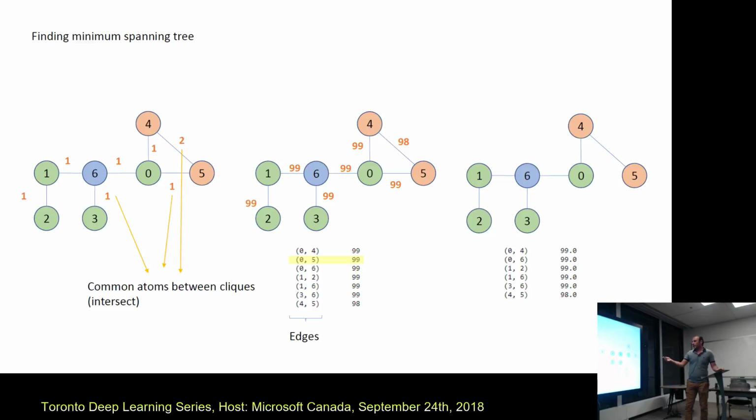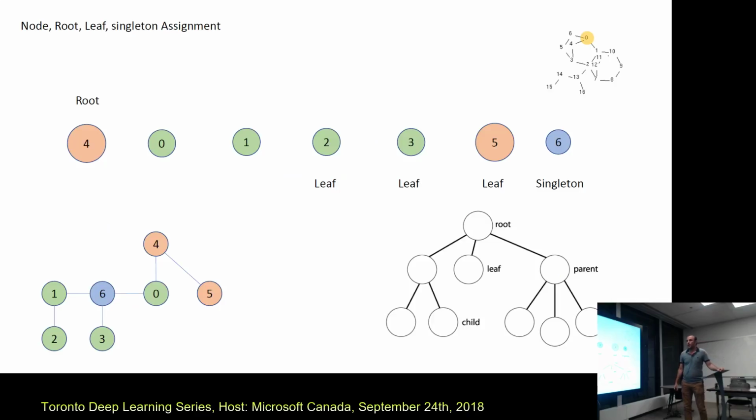All right, so we ended up creating this junction tree. But if you think about the junction tree like a family tree, right now it doesn't have the parents, the children, and so on. So they provide a label for each node. They propose that the node that contains the atom 0 be assigned as root.